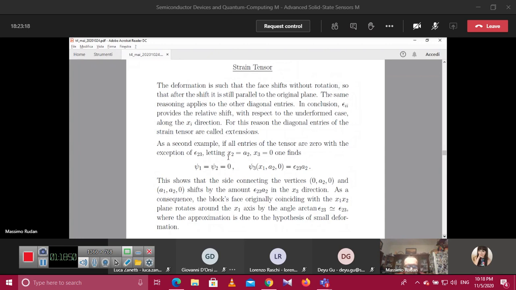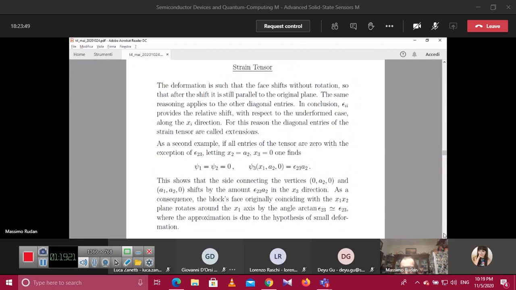For instance, we consider the condition x2 equal to a2 and x3 equal to 0, okay? We see it in the calculation here because we have the formula. We find that the deformation in the direction number 3 is equal to the product epsilon 2, 3, that is the only non-zero component of the strain tensor, times a2.